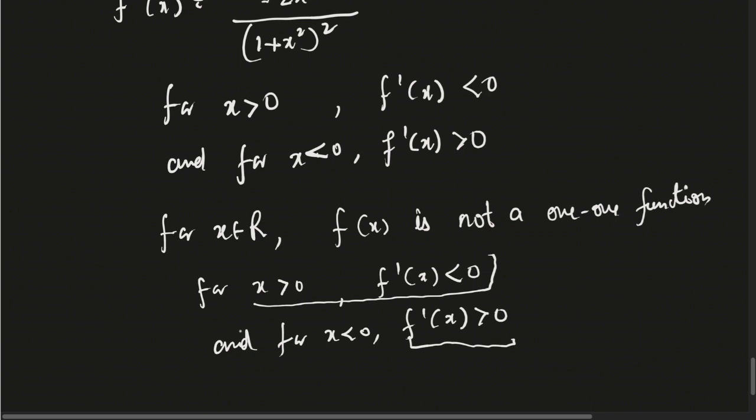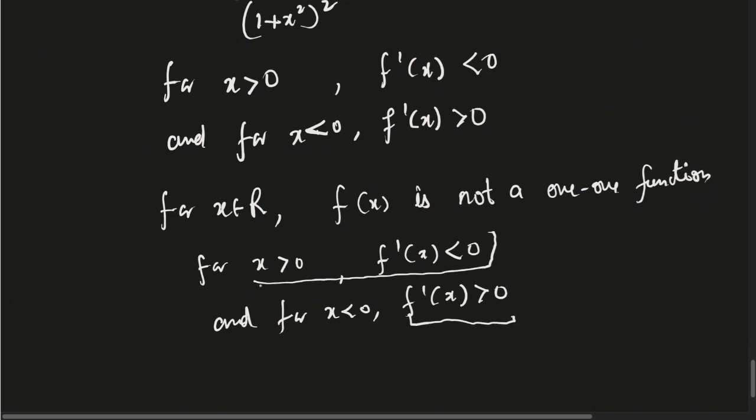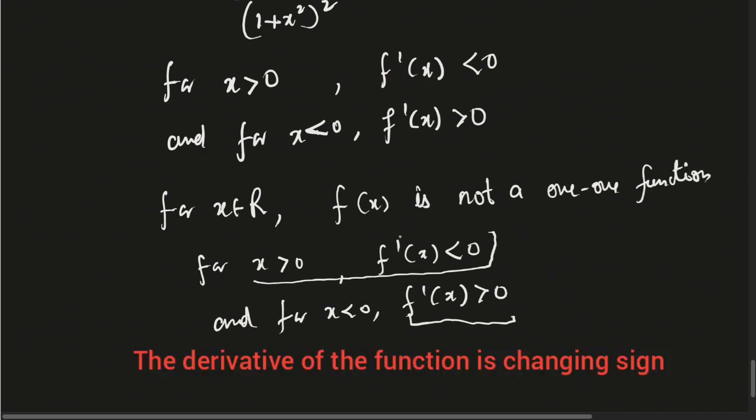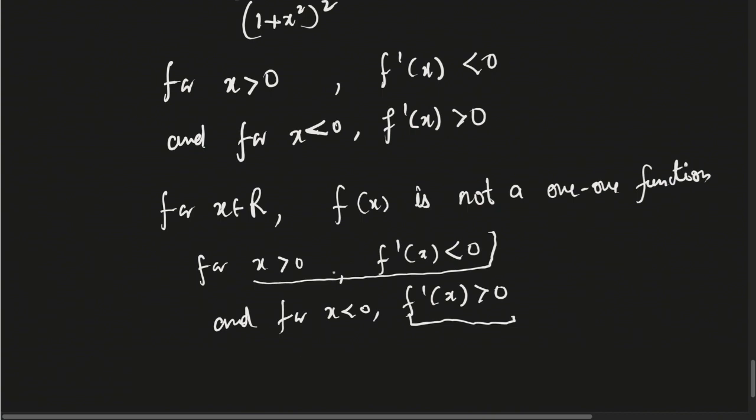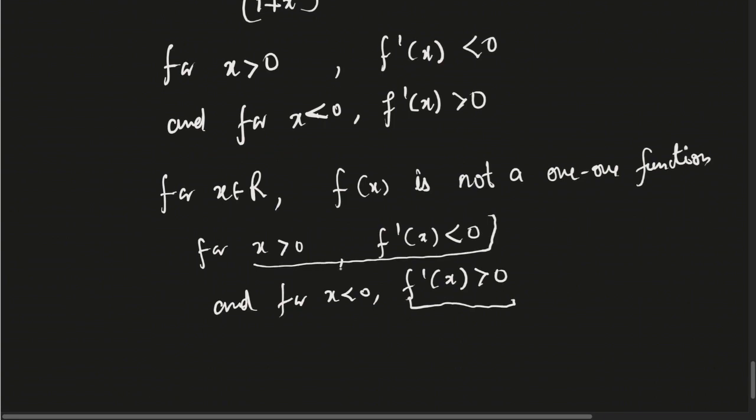But for the entire domain, that is for x from negative infinity to positive infinity, we cannot say that the function is 1-1, because the function is changing sign at x equals 0. So this function is piecewise 1-1, we can say.